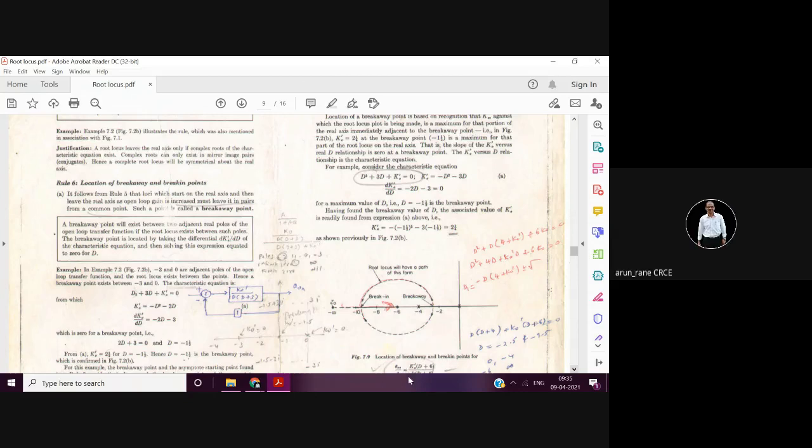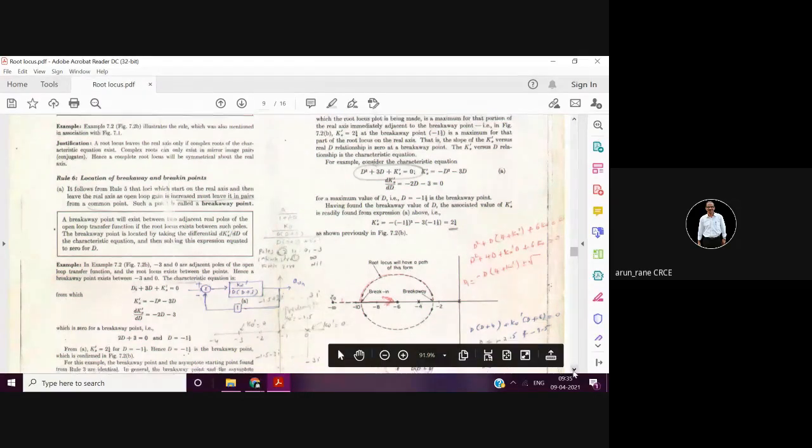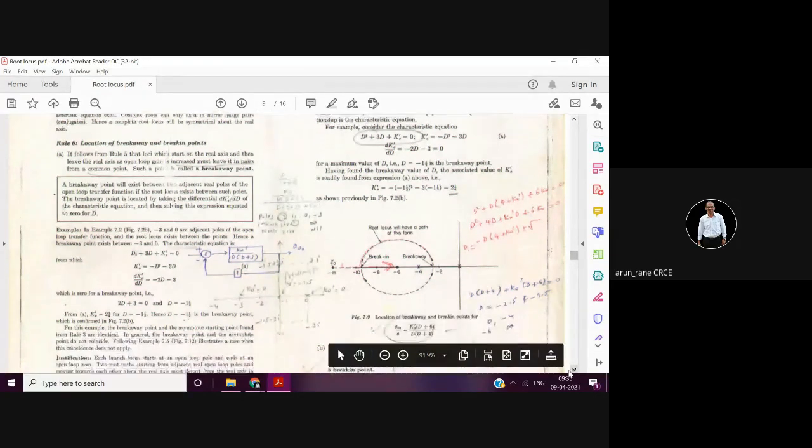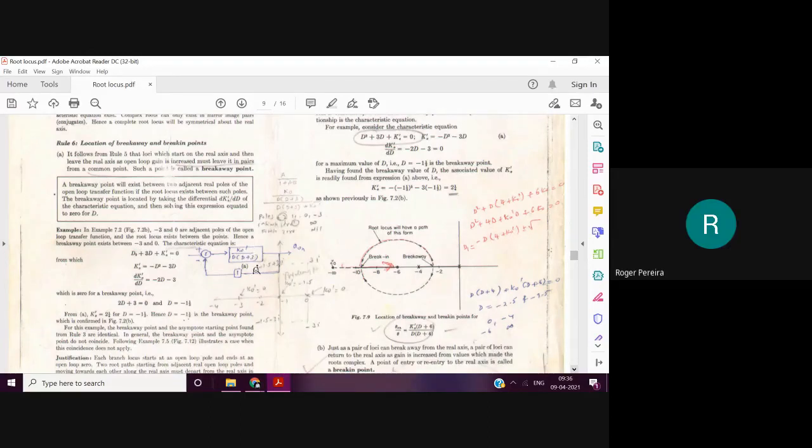So let us find out now how to calculate this breakaway and break-in. From the given characteristic equation, you can also find out the block diagram. This is K naught dash, the stability constant, upon D into D plus 3, and this is a unity feedback.